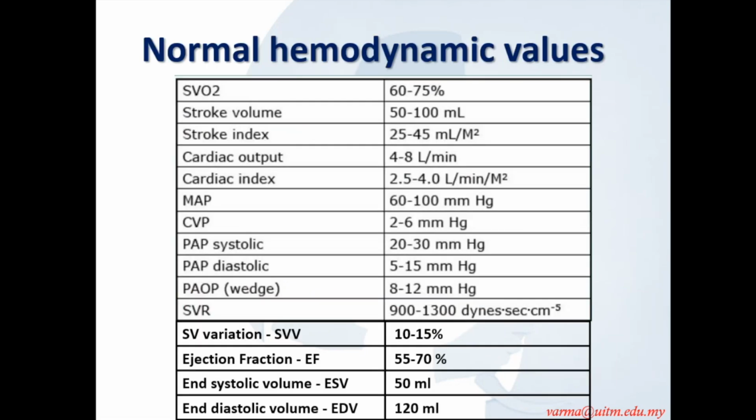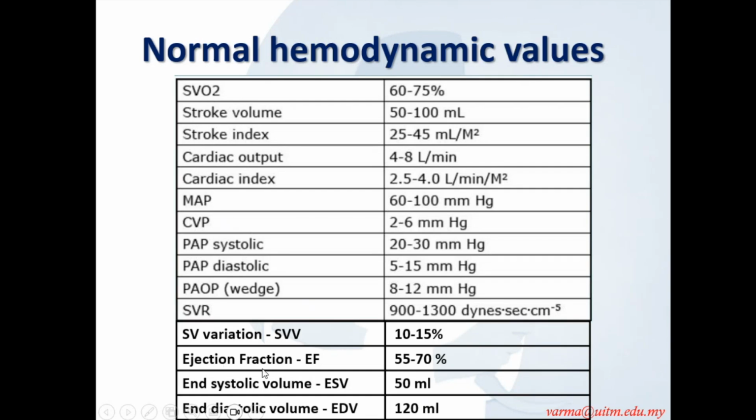All this is repetition. Your usual hemodynamic monitoring depends on the device you use. It can give multiple parameters. The ones that we are usually very focused on are your stroke volume and your cardiac index. We want to know about your systemic vascular resistance.